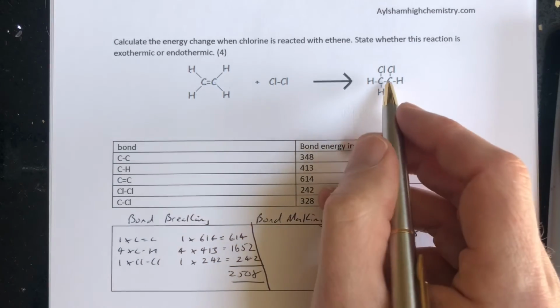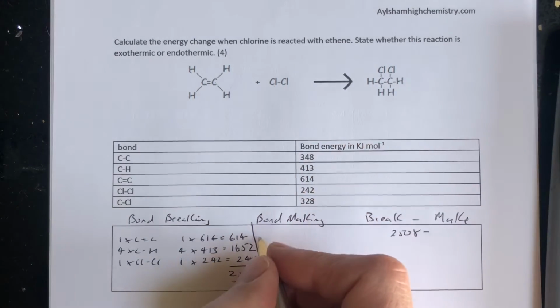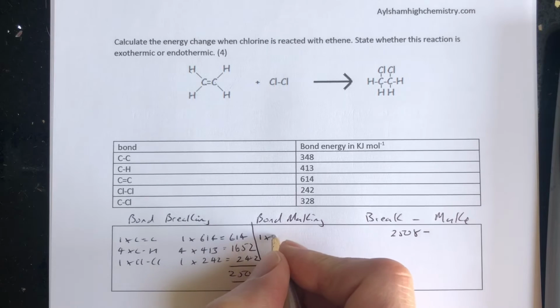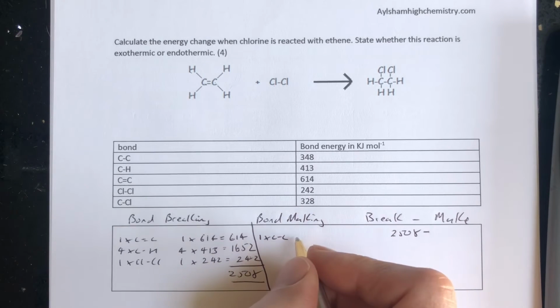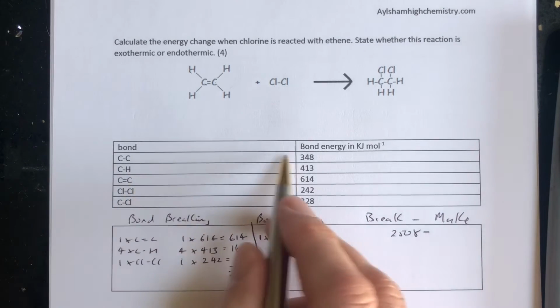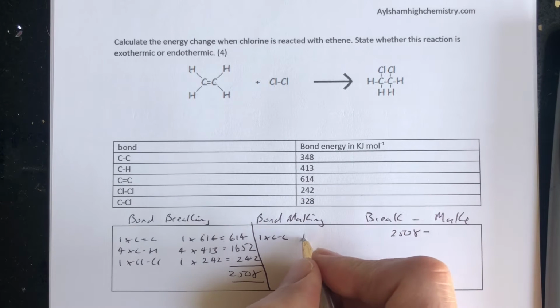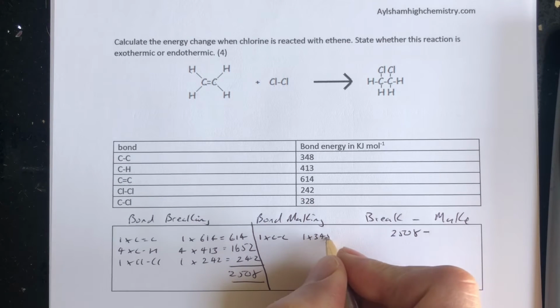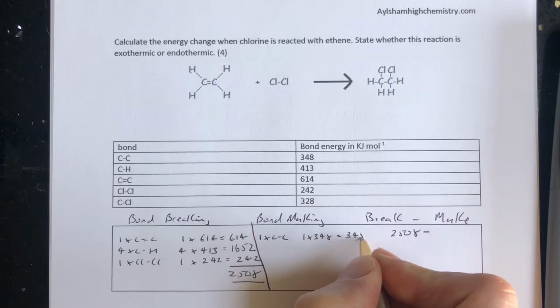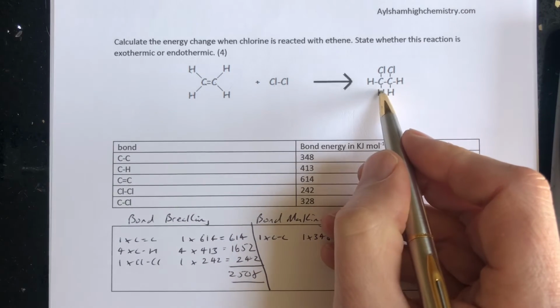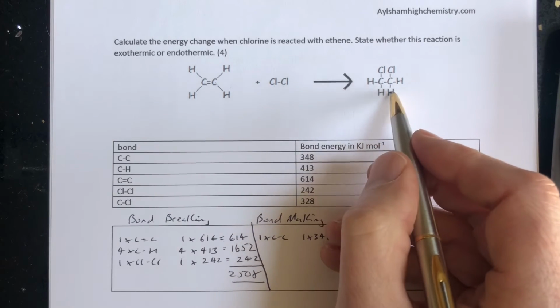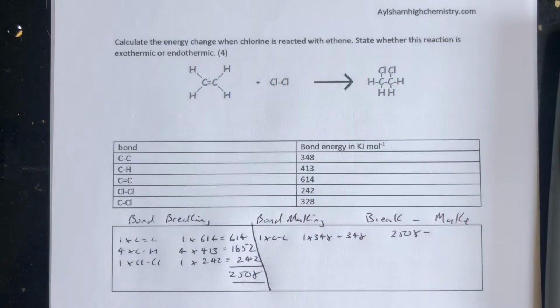So bond making, I've got a carbon-carbon single bond there to start with. So 1 times carbon-carbon single bond. A carbon-carbon single bond, 348. So 1 times 348 equals 348. I've got 1 carbon hydrogen, 2, 3, 4.